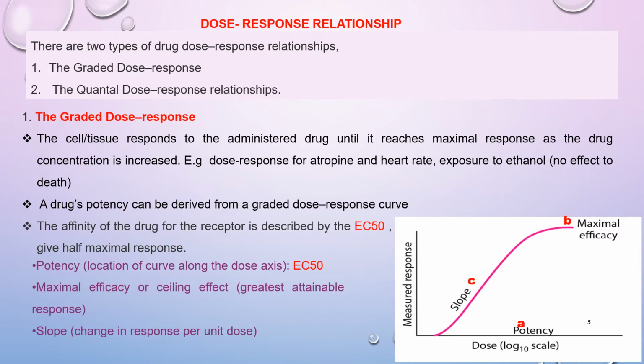The dose-response curve gives us information about, first, the potency of the drug, that is the EC50 value, the concentration at which half the maximum response is attained; second, the maximum response that can be attained, that is B as shown in the figure; and third, the change in response per unit dose, that is the slope C as shown in the figure.